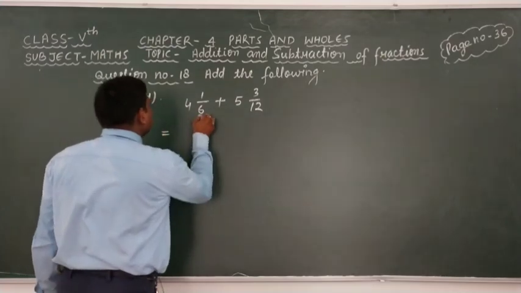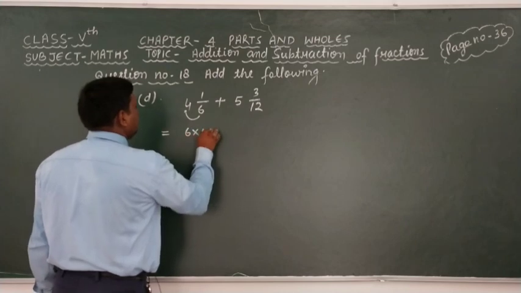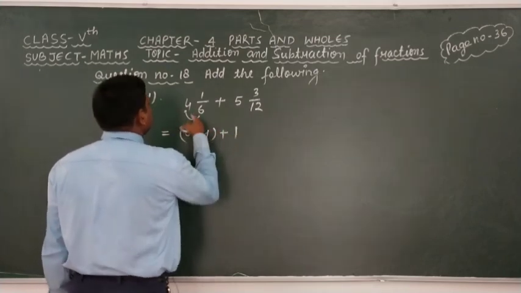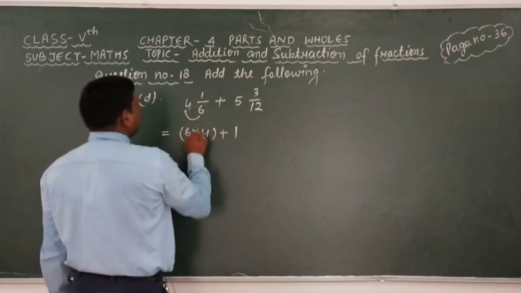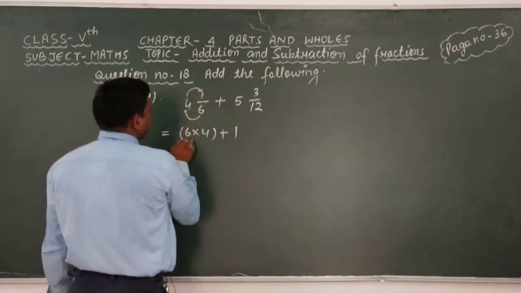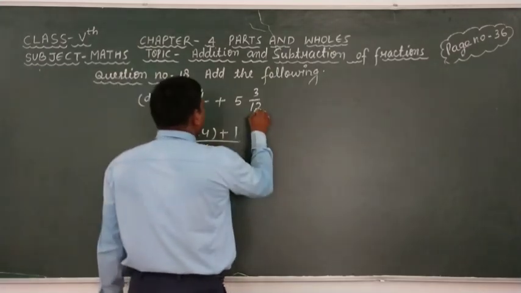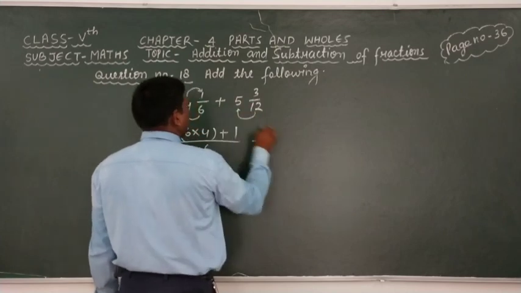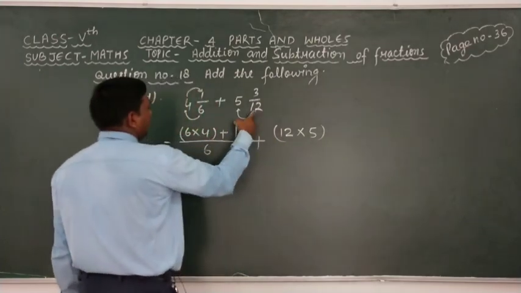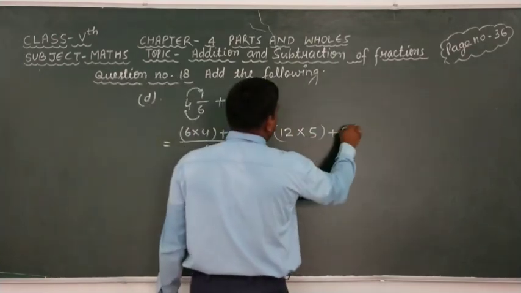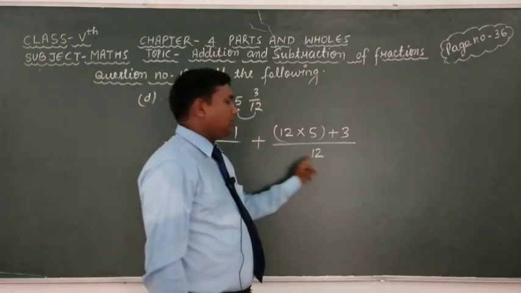Okay, look, 6 fours is 6 into 4 plus 1. Firstly we have to take the multiplication of 6 by 4, then add 1 and total upon 6. Okay, plus 12 into 5, we have to take the multiplication of 12 and 5, then add 3 and total upon 12.